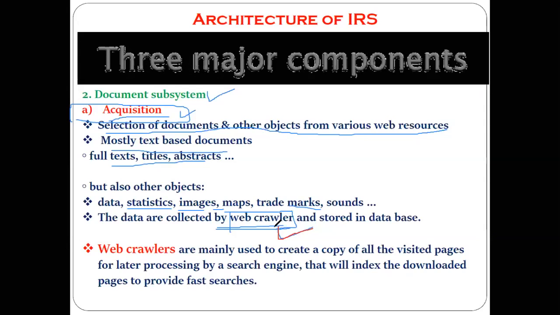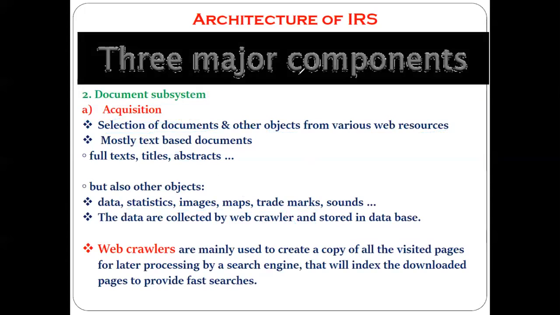With the help of its hands, legs, etc., it can collect different things together. So from that, the name web crawler was given. Now the main functionality of the web crawler is nothing but doing the acquisition, in the sense of collecting the different documents related with the user's query together.